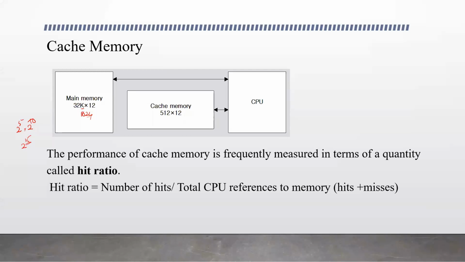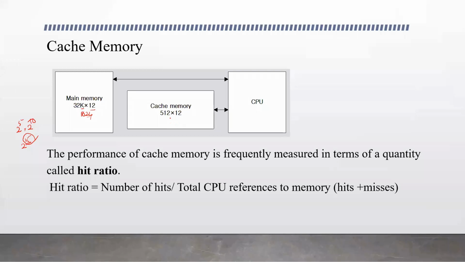So the number of bits in the address line needed to refer to each word in a memory that has 32K words is 15 bits. 2 power 15 is 32K, and each word has 12 bits. This is the size of the main memory shown here.